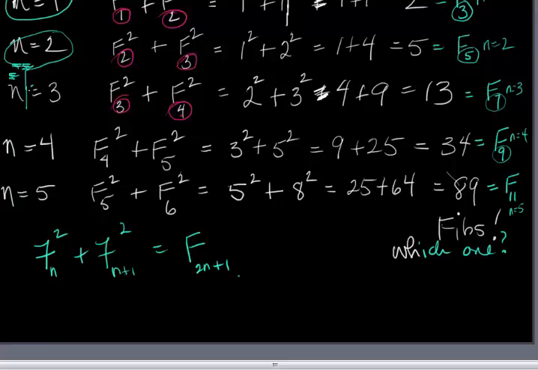And so here's how they write the answer. They say F sub n squared plus F sub n plus 1 squared is equal to a Fibonacci, and they write down here n plus 1. And that's absolutely fine. That's the same thing as 2n plus 1, isn't it? n plus n is 2n. So you can find the pattern in different ways.